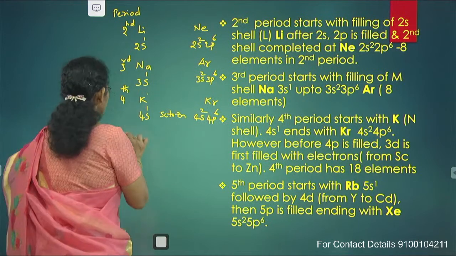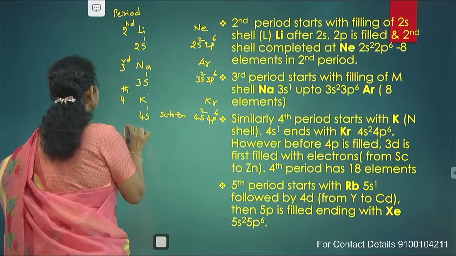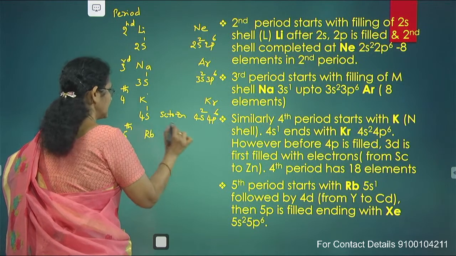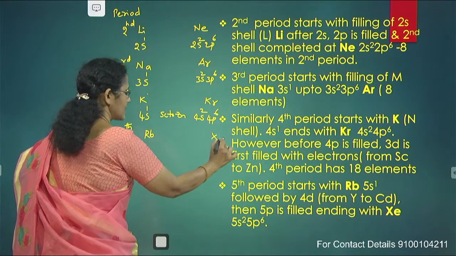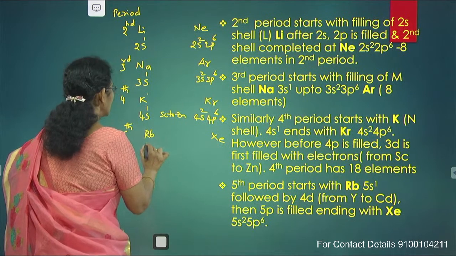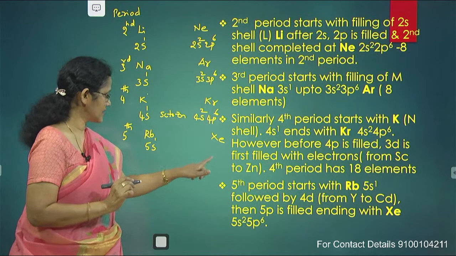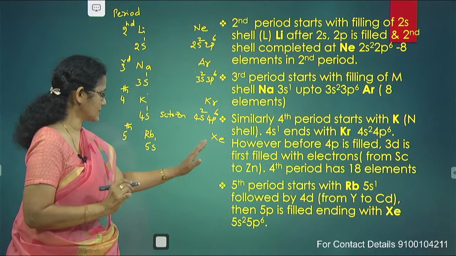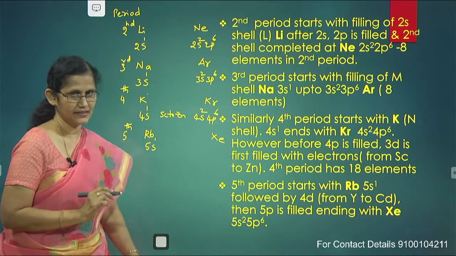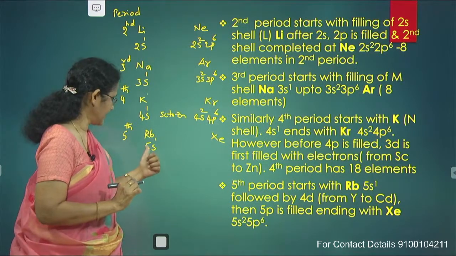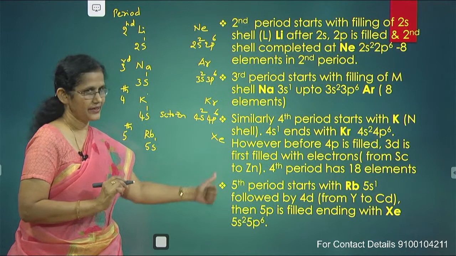Next, the fifth period starts with rubidium, ends with xenon, 5s1. Before xenon, 5s2, 5p6, 4d is filled. Just now we discussed that in the fifth period, the order of filling is 5s, 4d, 5p.